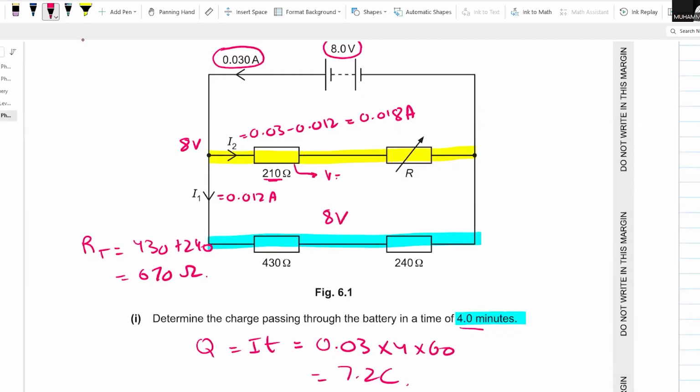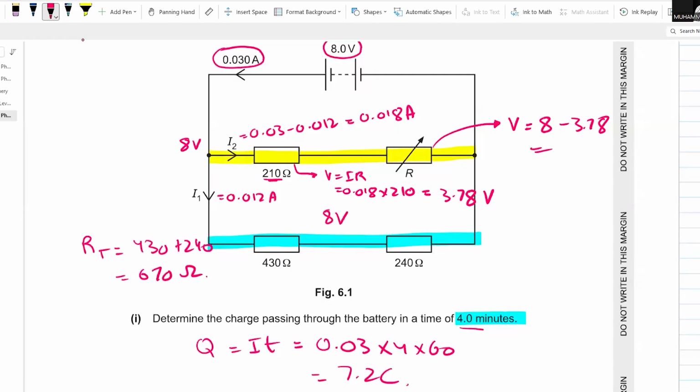V is equal to IR. करंट क्या है 0.018 एम्पियर. रेजिस्टेंस क्या है 210. कितना वोल्टेज कंज्यूम हो रहा है? 3.78 volts is being consumed by this resistor. वेरिएबल रेजिस्टर के पास कितना वोल्टेज बचेगा? 8 minus 3.78.